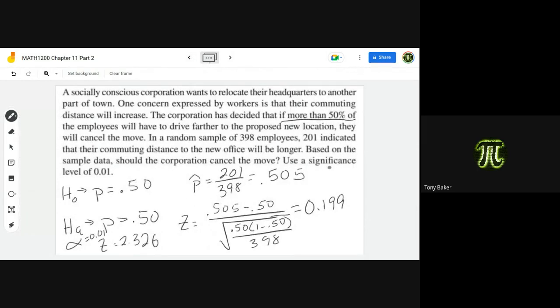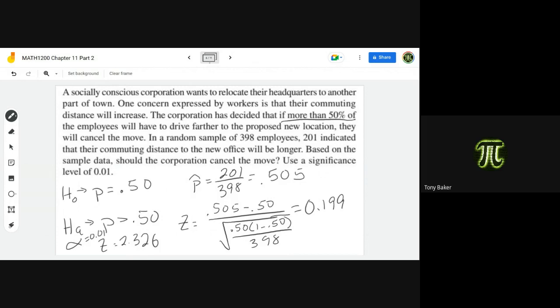So they'll be moving. And actually, in this case, no matter what level of significance they used, they'd still be moving.